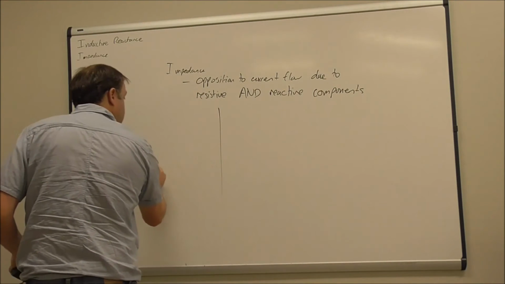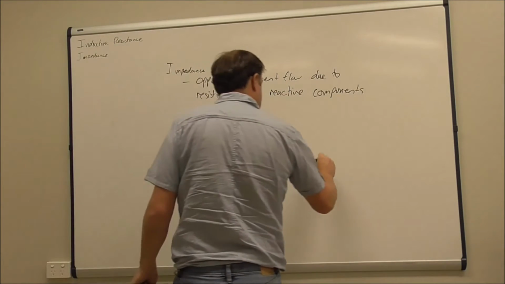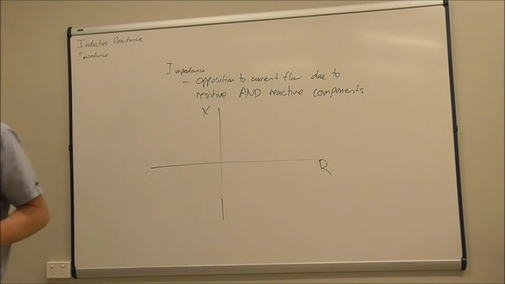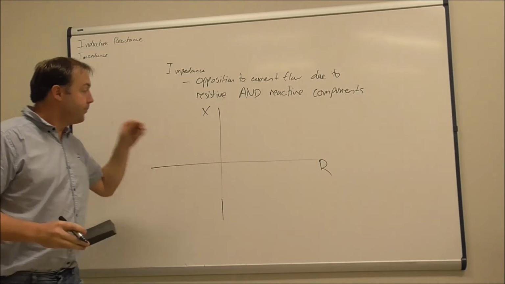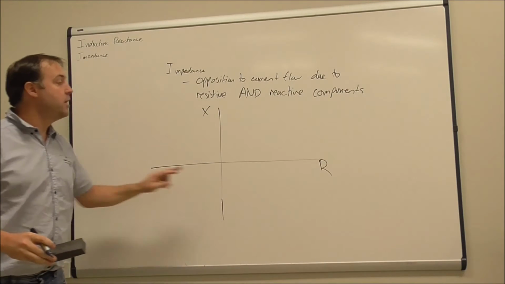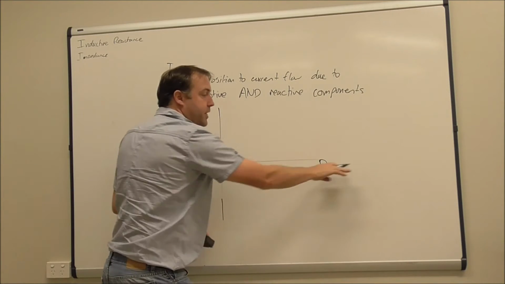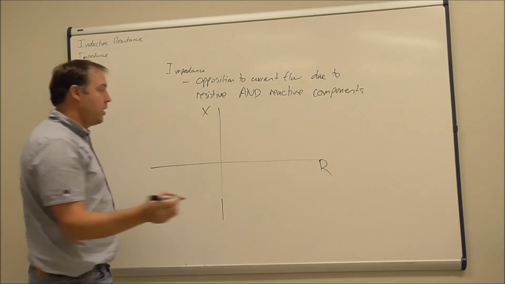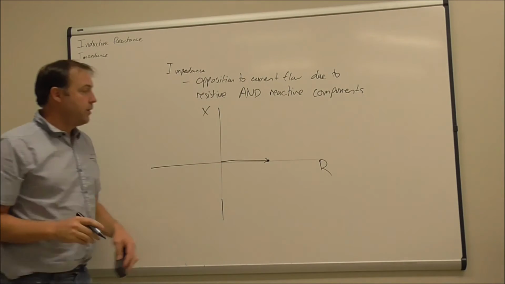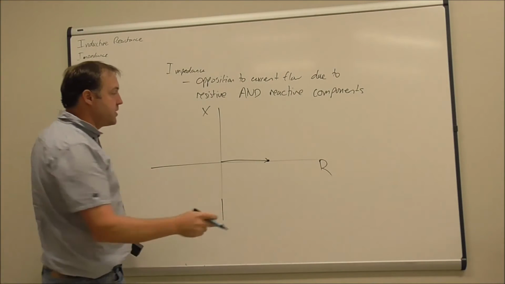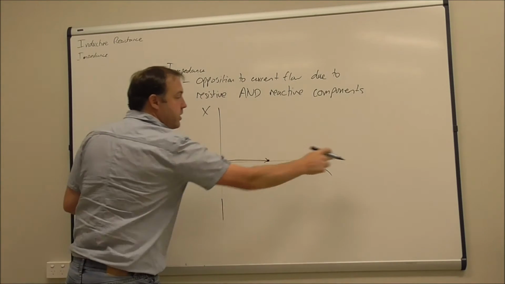So a really handy way of demonstrating how we add both the elements of the reactance and the resistance is in a plane. If we think of this as the resistive direction, so if I had a resistor, I could think of it as being like a line. So if this was 1000 ohms of resistance, then I would draw a line from this origin to that point there along this line here.